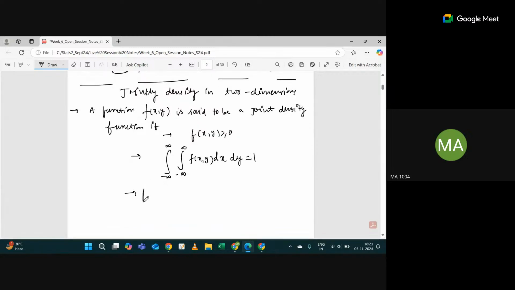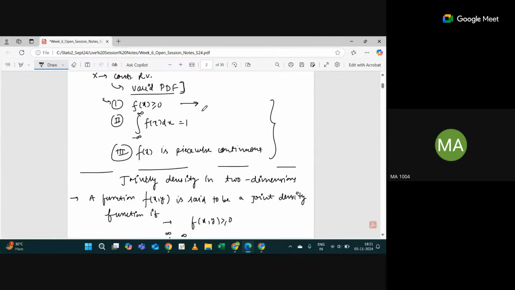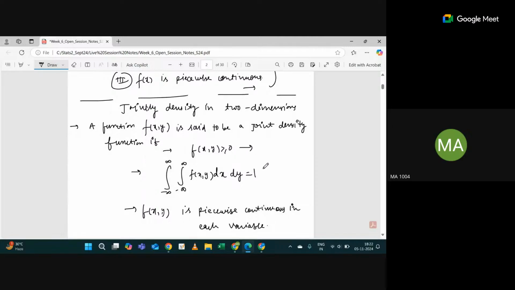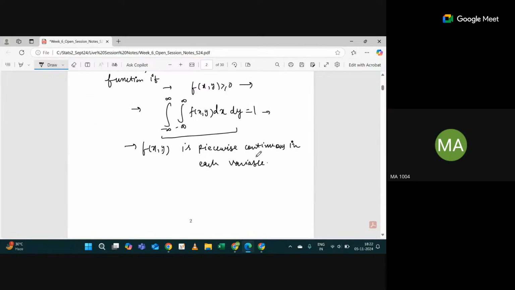And third, f(x,y) is piecewise continuous in each variable, meaning for each variable it should be continuous. So you can check: total area under the curve should be equal to 1, f(x,y) should be greater than or equal to 0, and it should be piecewise continuous in each variable.